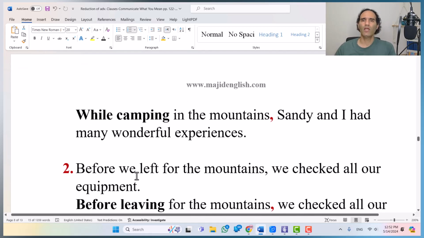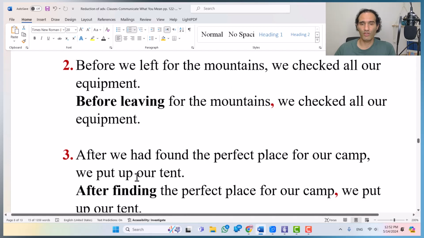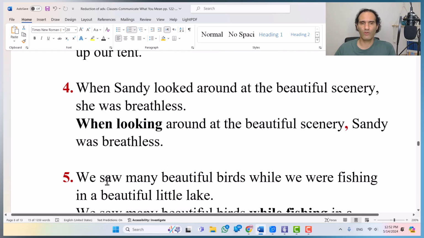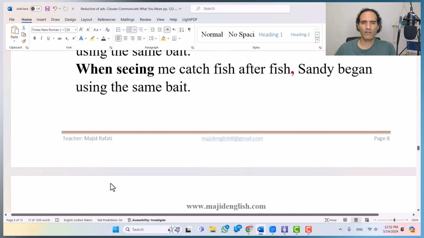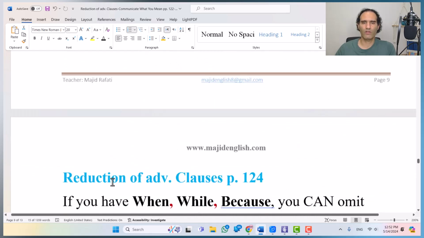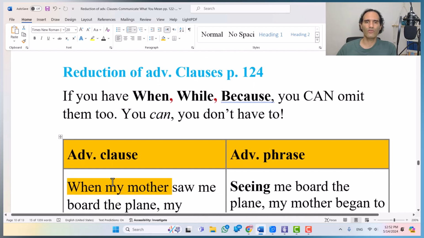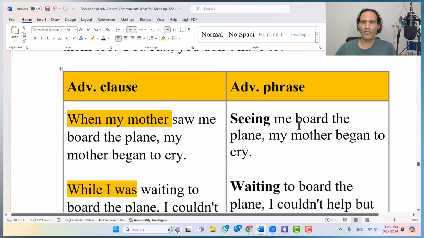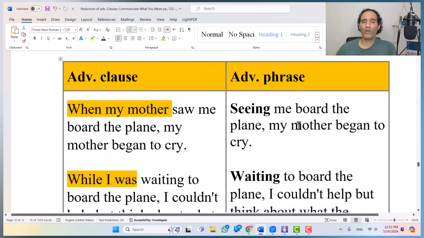For example, put up a tent, take down the tent, make a fire, put the fire off, put the fire out. Very beautiful. Please transfer them into your vocabulary notebook. And with the examples here, we understood what the reduction of adverb clauses is. Here I told you, 124, if you have when, while, because, you can omit them as well, which is my idea, far more beautiful.